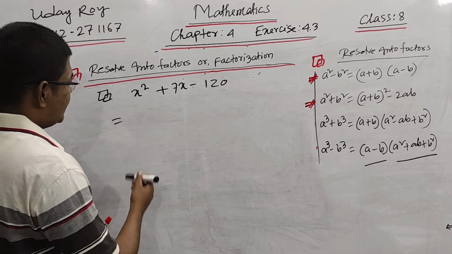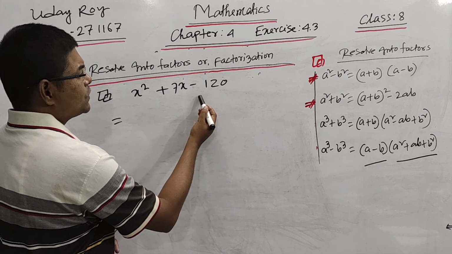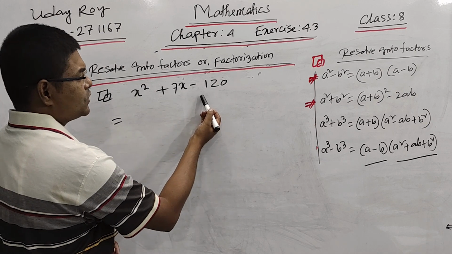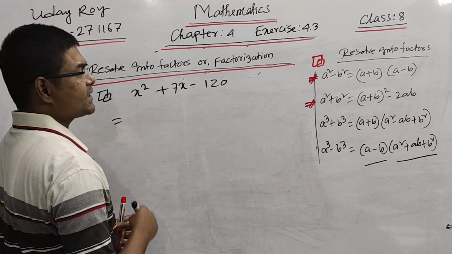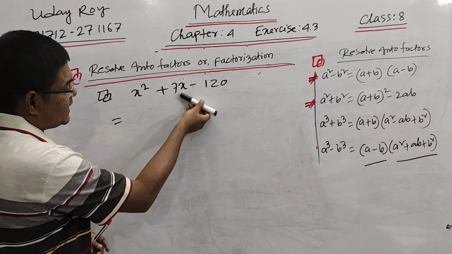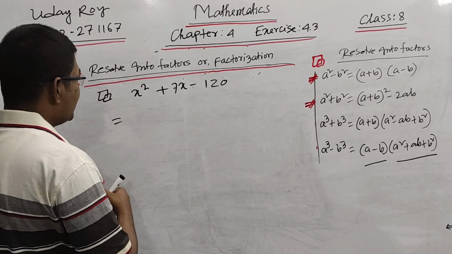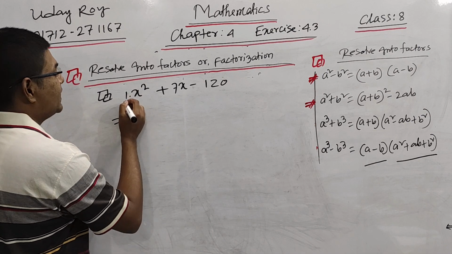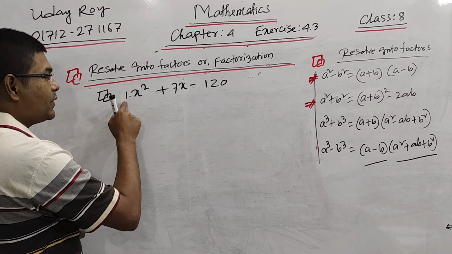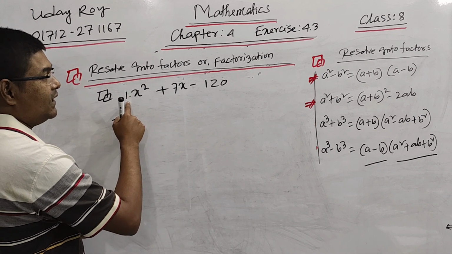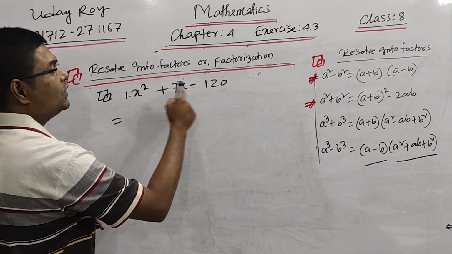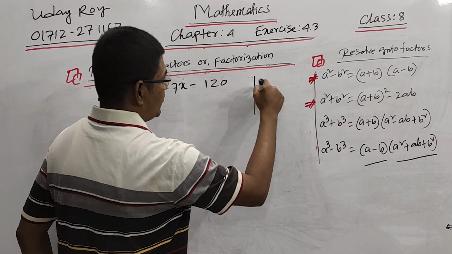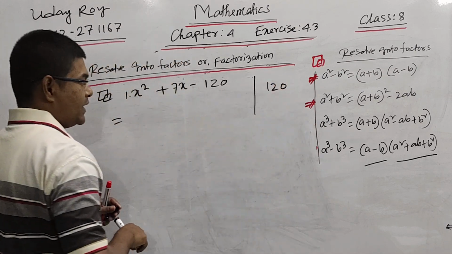But here are no rules. You can see there are no rules, so we have to break it with the help of middle term breaking. This is the middle term, 7x. But you can see here is 1. If there is no coefficient, you have to think that 1 is the coefficient. So 1 into 120, we will get 120.